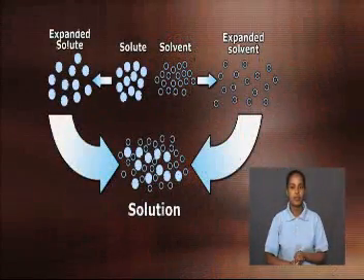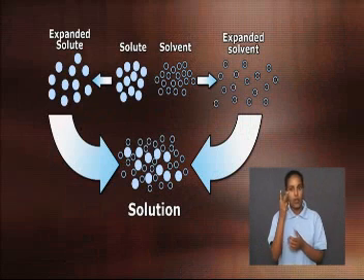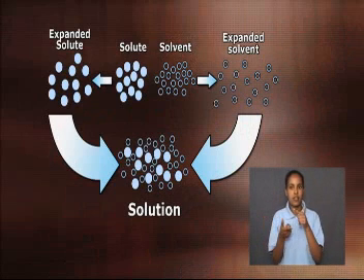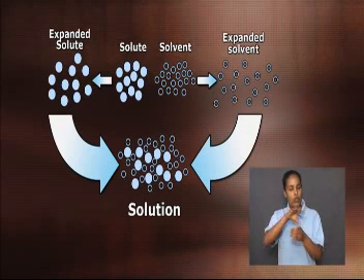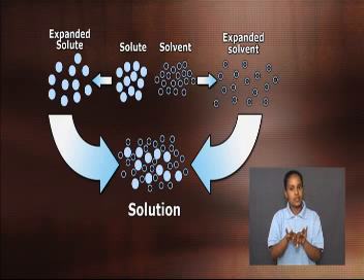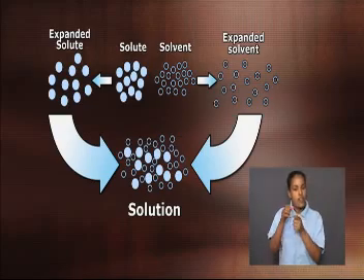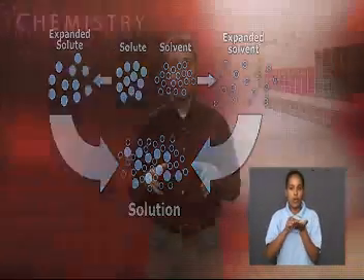Let us discuss this diagram a little further. As you can see, both the first and the second step require an input of energy. This energy is needed in order to break the attracting forces between the molecules.